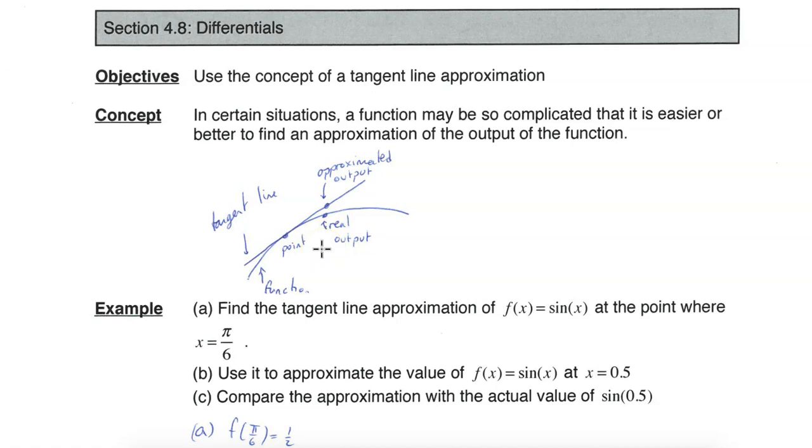So this works at one condition. It works for points that are not too far away. This point and that point are not too far away. They are not too distant from the original point we're using, and so the output would not be too bad. But imagine if we looked at a value here, then the road is at this height, our tangent line would be way up here, so the quality of our approximation would be very poor.